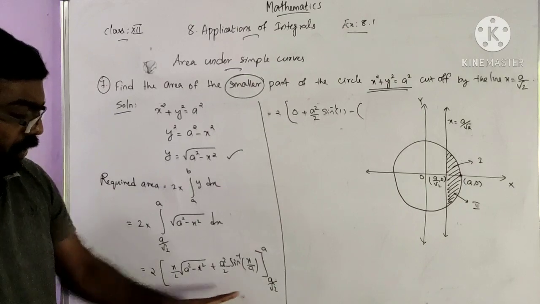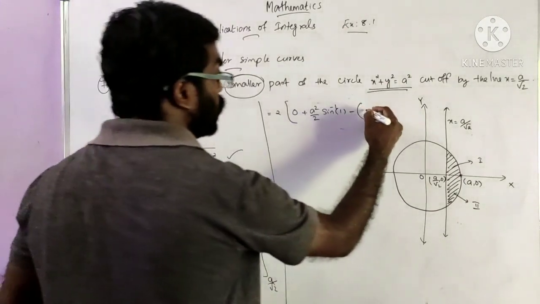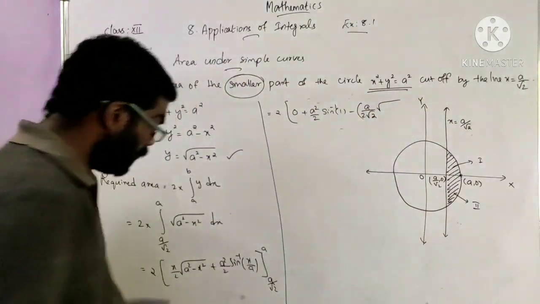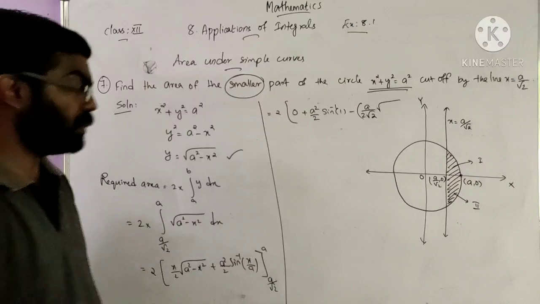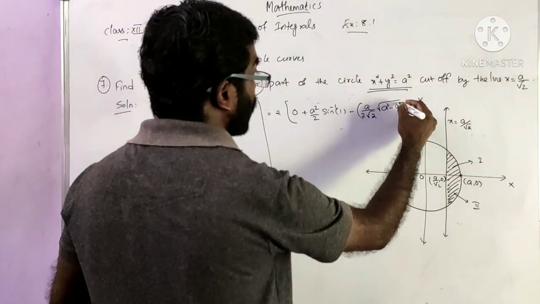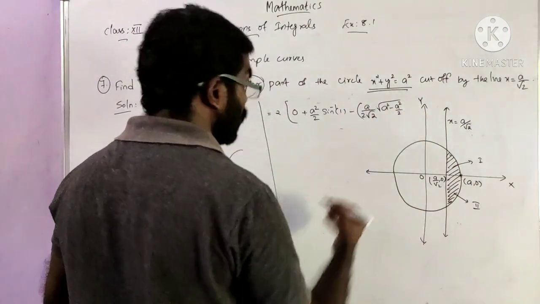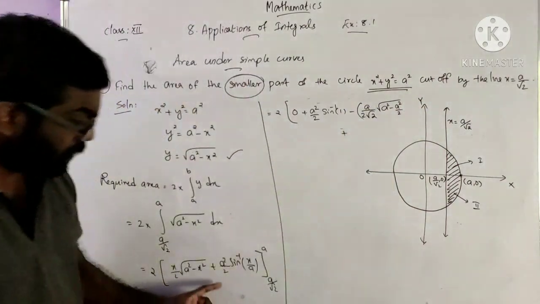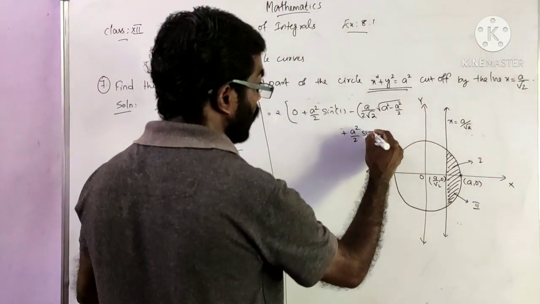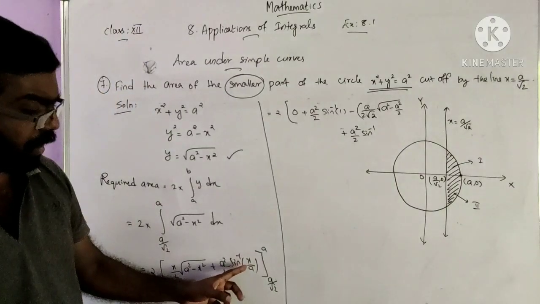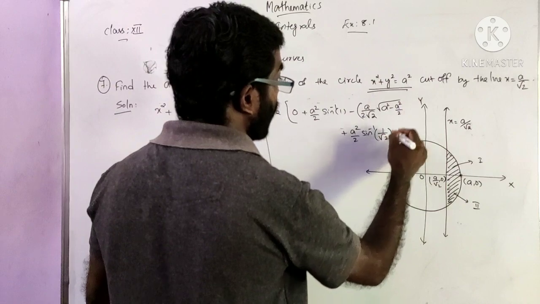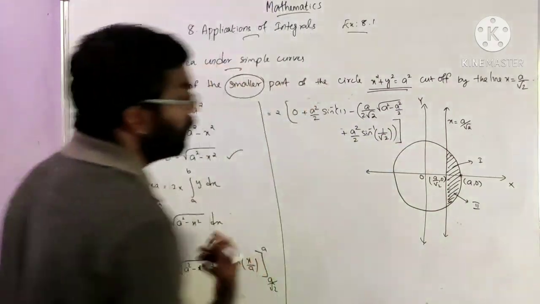Here it is a/√2, so a/(2√2), then √(a² − x²), so a² − (a/√2)² = a²/2, then plus (a²/2) sin⁻¹((a/√2)/a). The a and a get cancelled, we get 1/√2.